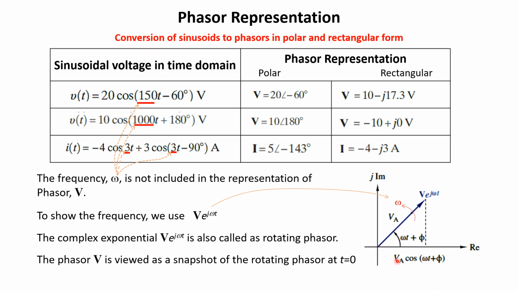Look at the cursor here. This is almost minus 60 angle, and the length is according to the magnitude, whatever scale we use. So it will be in this direction with the angle minus 60 over here, and this will be a snapshot of the rotating phasor at t equal to 0.